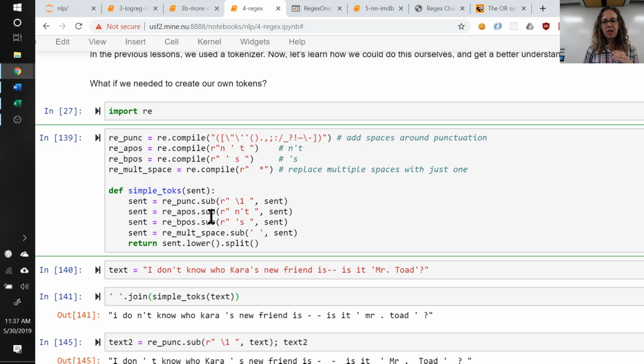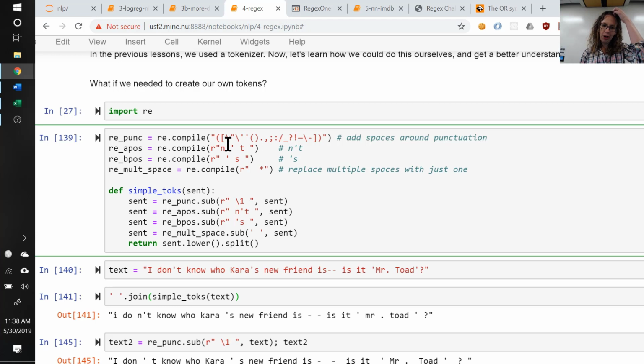For punctuation, when we find punctuation, we're going to substitute in spaces on either side, and any guesses as to what this \1 refers to? Any ideas? So the \1 is the group that we've captured, the first group.